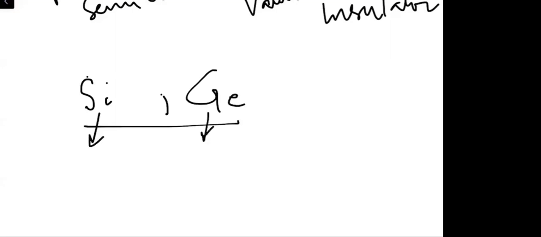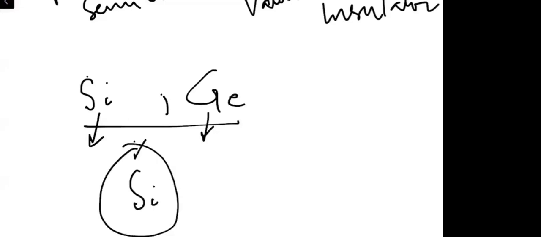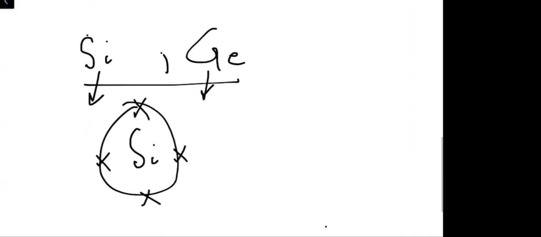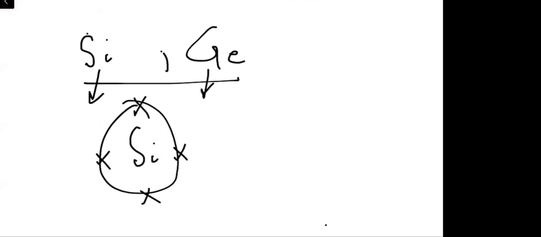Germanium is also used, right? In case of the semiconductor, in the outermost valence band we normally have 4 electrons. I think everybody knows about it. So we basically have 4 electrons in its valence shell or valence band.